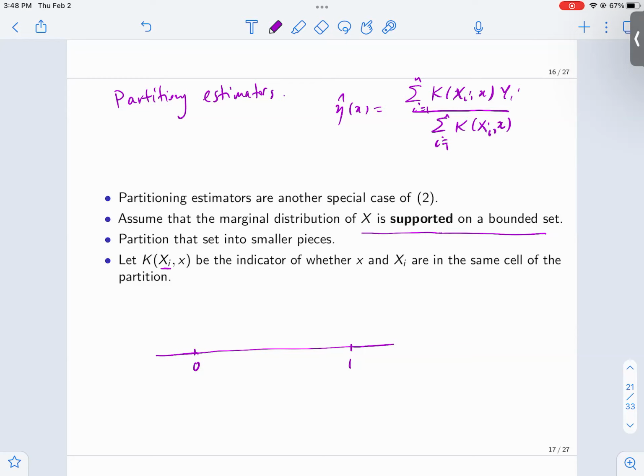So the partitioning estimator partitions this into a collection of disjoint sets. The simplest thing to do is take a length h and partition it into equal-sized intervals of length h, so there are going to be roughly 1 over h of these intervals.